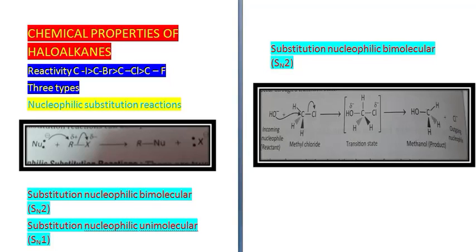Children, today we will study about the chemical properties of haloalkanes.